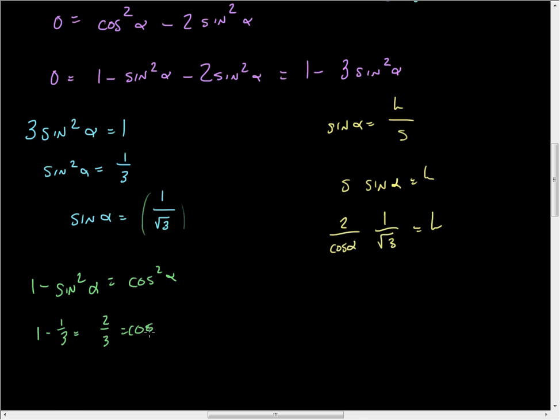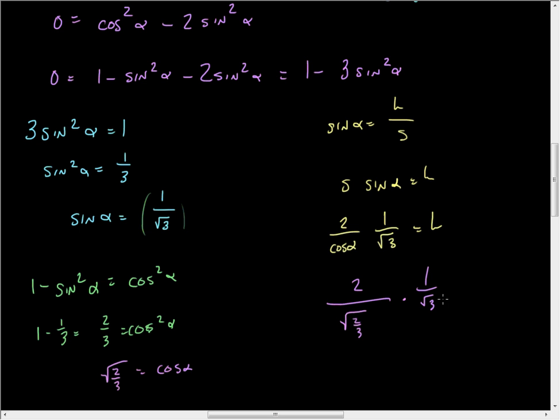And so now I've got square root of 2/3 is equal to cosine. And so now if I go ahead and put this in for cosine, this gives me 2 over root 2/3 times 1 over root 3 equals h.